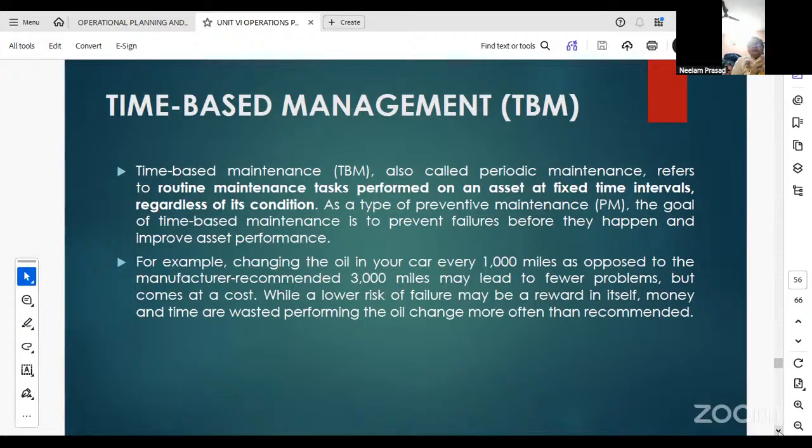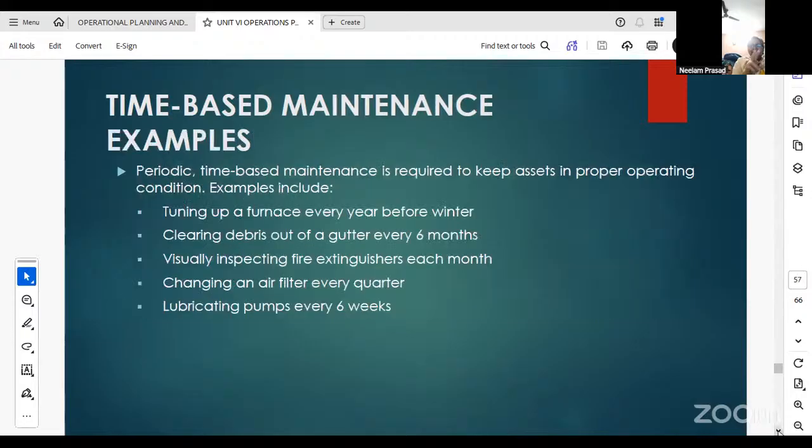So it depends upon the situation, whether you just follow, maybe the 3,000 miles is more optimum, because changing it after every 1,000 miles will increase the cost. So it depends upon the client, whether he or she is ready to bear this extra cost, but at the same time the prospect of failure is reduced.